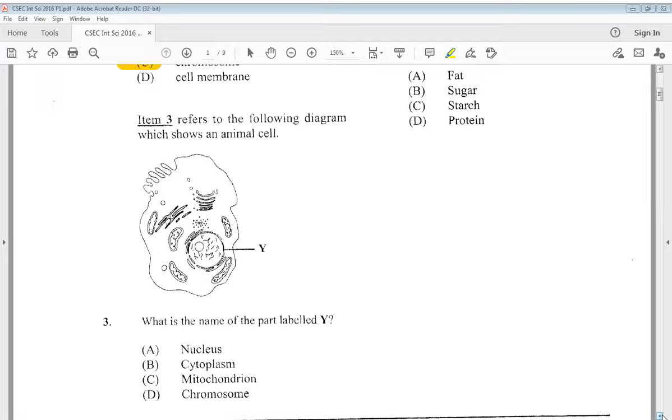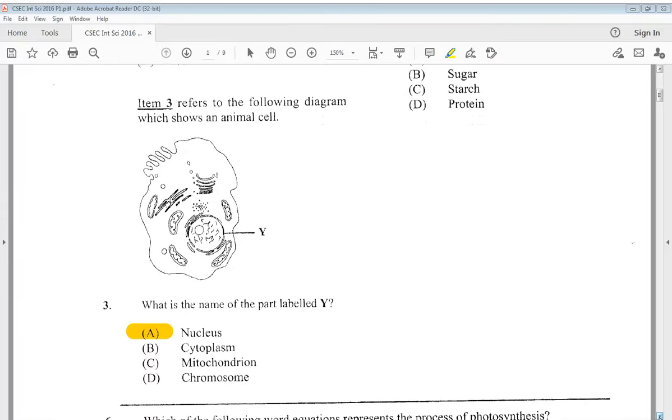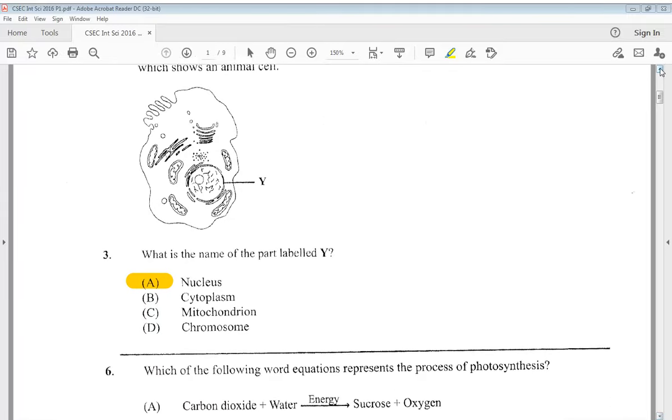What is our answer? Well, we know it's an animal cell. We know that the bottom three would be out. So A, nucleus, is our correct answer.